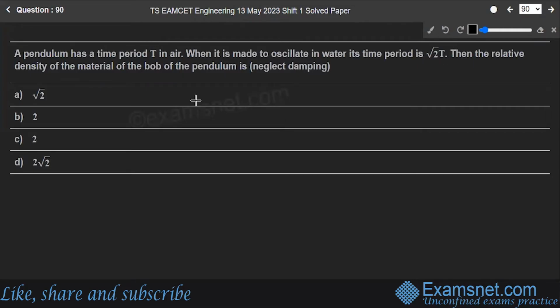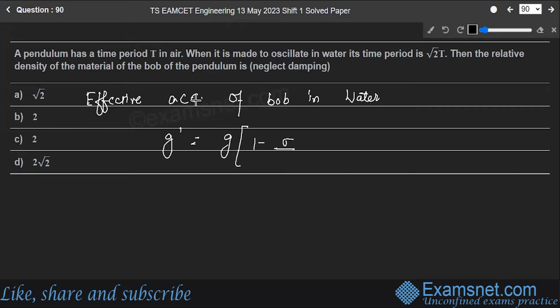So the effective acceleration of the bob in water is given by g dash is equal to g into 1 minus sigma upon rho, where sigma is the density of water and rho is the density of the bob. So the effective acceleration of the bob in water is given by this equation.